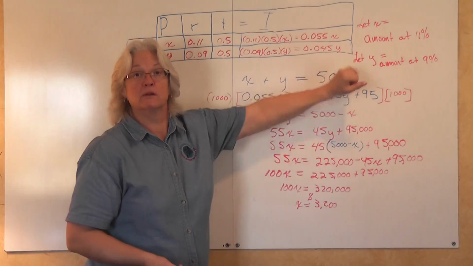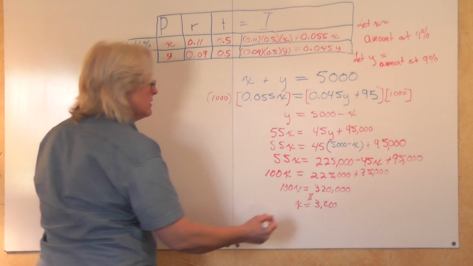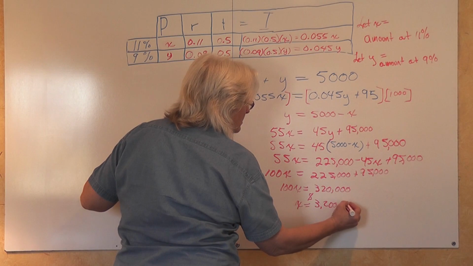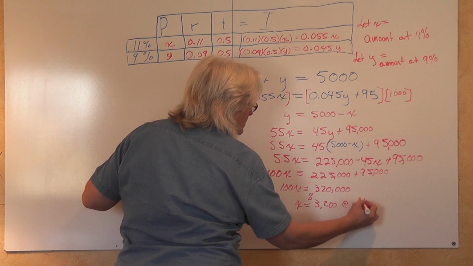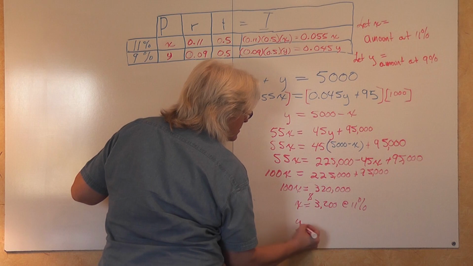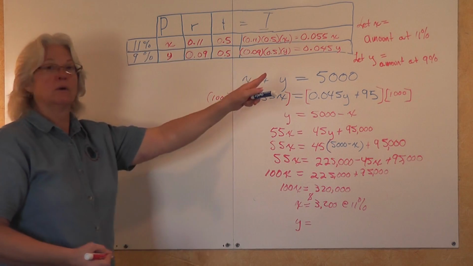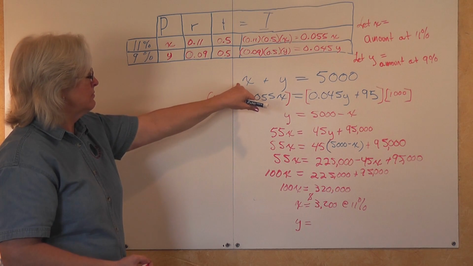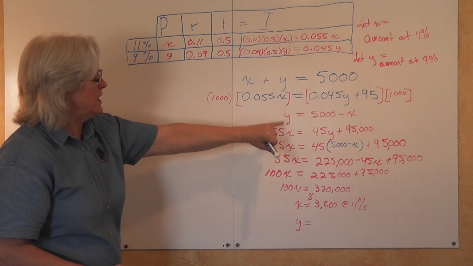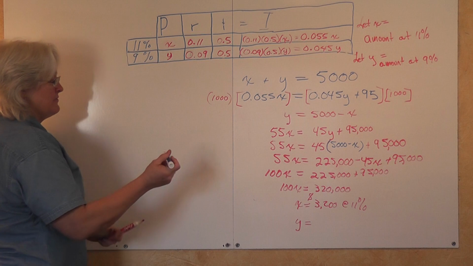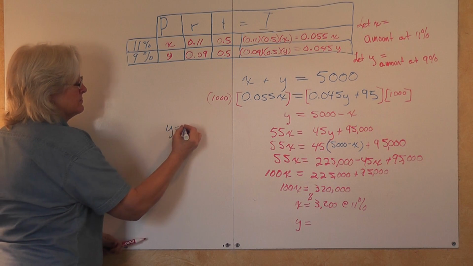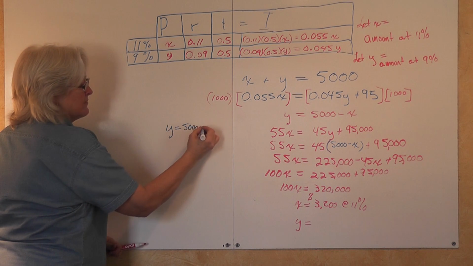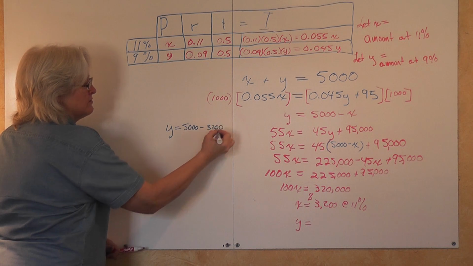What is X? It's the amount of money that's invested at 11%. What is Y equal to? Y is the amount of money invested at 9%. Right here, this tells us that Y is equal to 5,000 minus X. 5,000 minus 3,200.